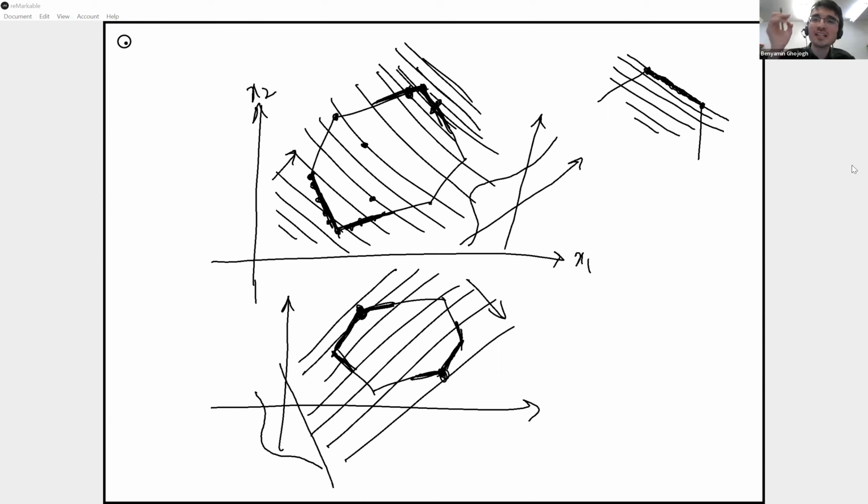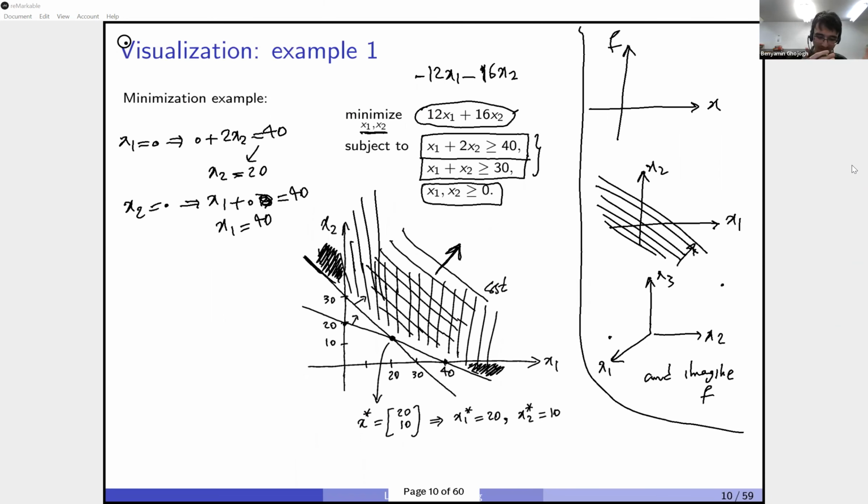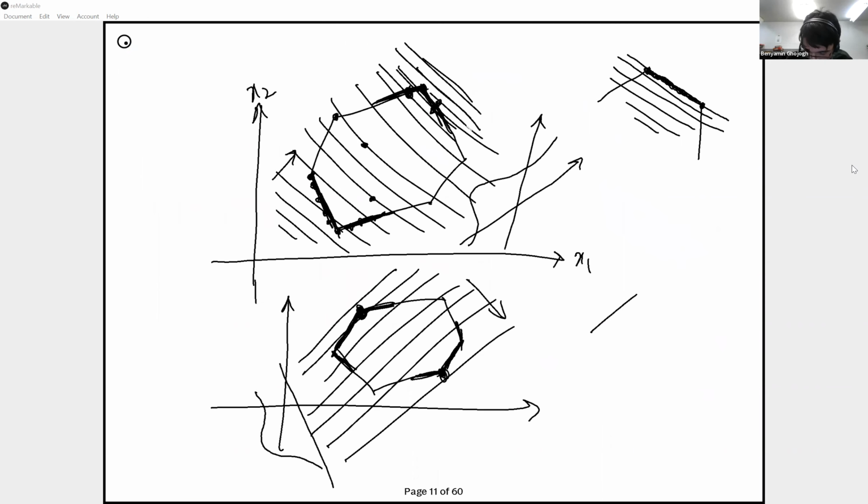So the solution is one of the extreme points. And that's the beauty of linear programming. As the cost is linear, and as the constraints are linear, the feasible set is always a polyhedron, or even a line. If, for example, we have an equality, and assume that the constraint might be this.